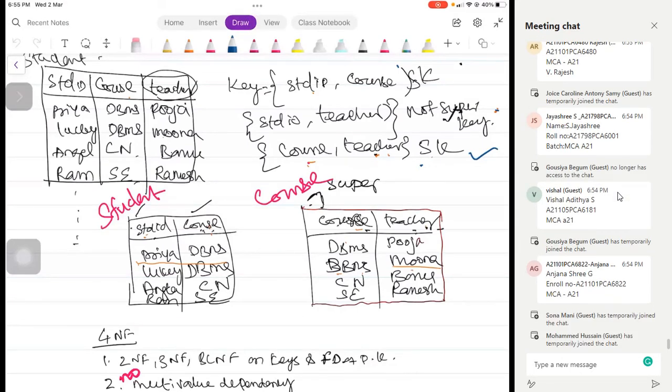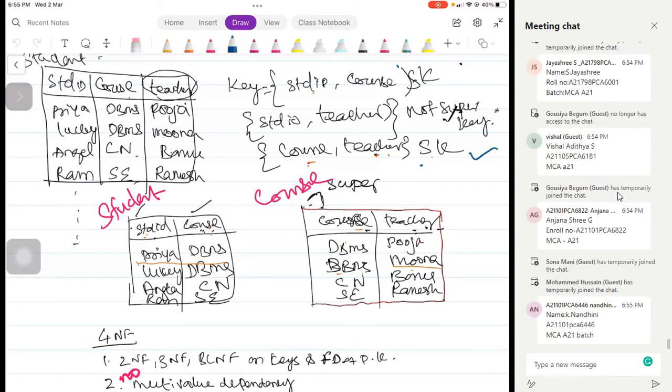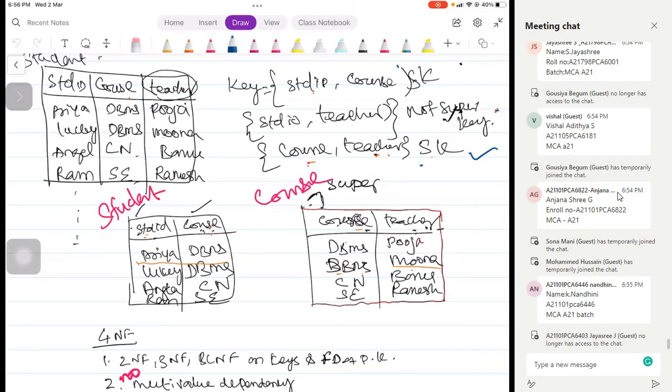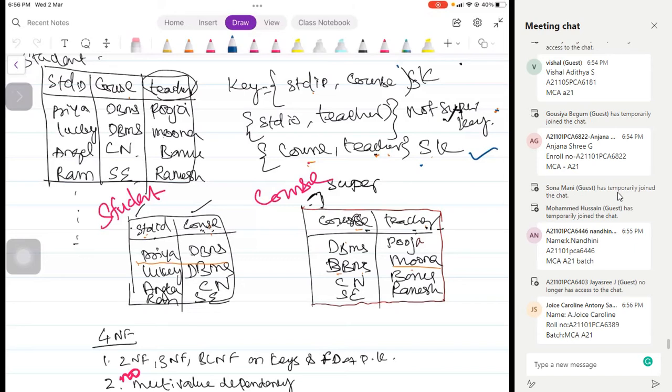So student ID and teacher is not a super key. Course and teacher: for the computer science course a specific teacher is there. That is a super key. Understood what I am saying? So a student ID may be a math student, history student, and you couldn't combine it with the teacher. That is why it is not a super key.